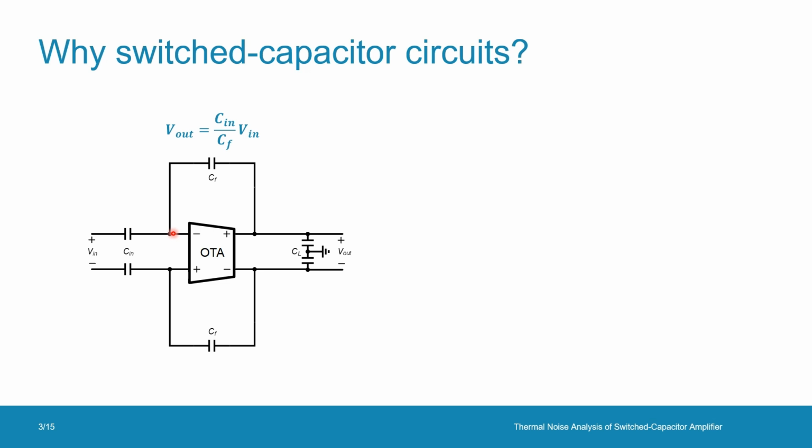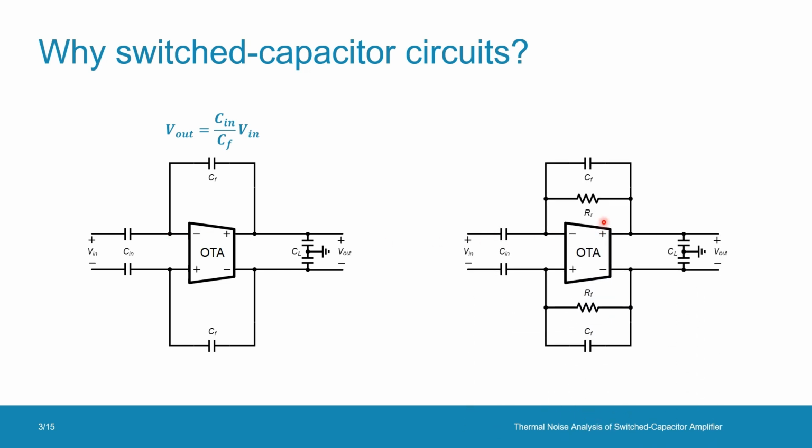Now, to address this issue, we can add a feedback resistor RF. And in this case, the input DC bias voltage is determined by the OTA output common mode level. Nevertheless, this RF creates a high-pass filter with a corner frequency of 1 over 2 pi RC.